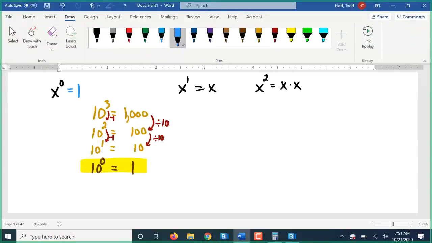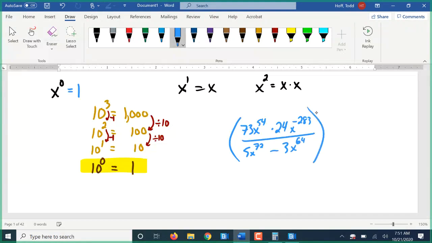So at some point, you might see me do something weird like this, where I have something like 73x to the 54th times 24x to the negative 283 over 5x to the 72nd minus 3x to the 64, all to the power of 0.